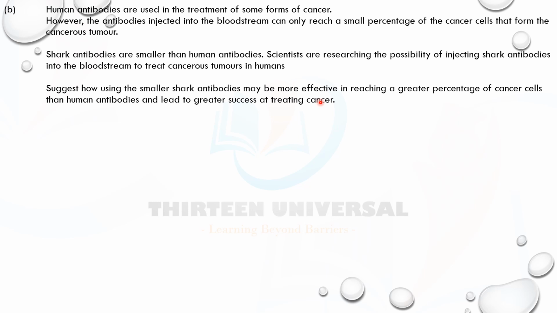All right, pause the video and try to answer this question, my people. Okay, so you see, remember, this is a capillary, because we're injecting this into the blood, and the blood carries stuff to the tissues. So blood transports these antibodies to the tissues.